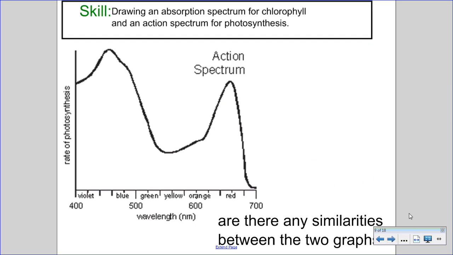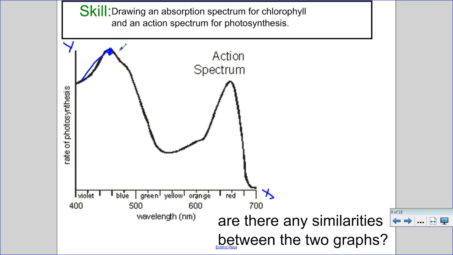So what does this action spectrum look like? Again, you have your wavelength here on the x-axis, and then the rate of photosynthesis on the y-axis. What this action spectrum is showing is that there is a peak somewhere at around 450, 475 nanometers, which corresponds to that blue light.